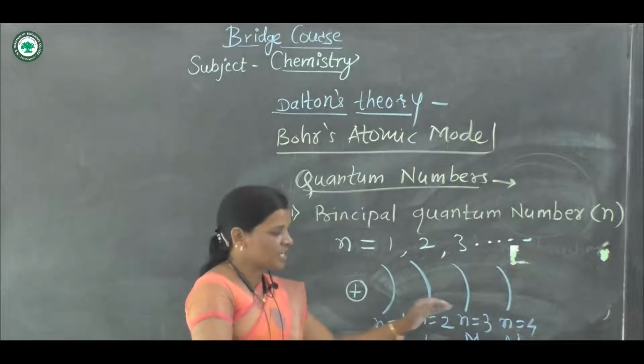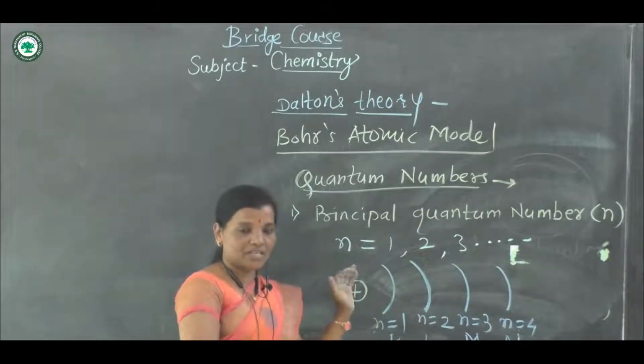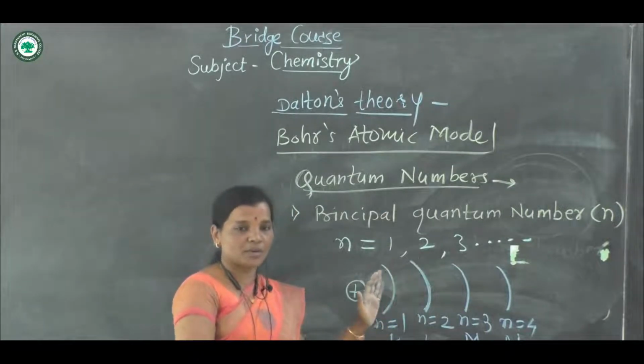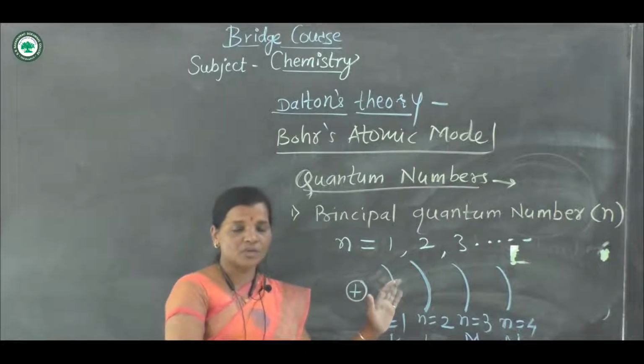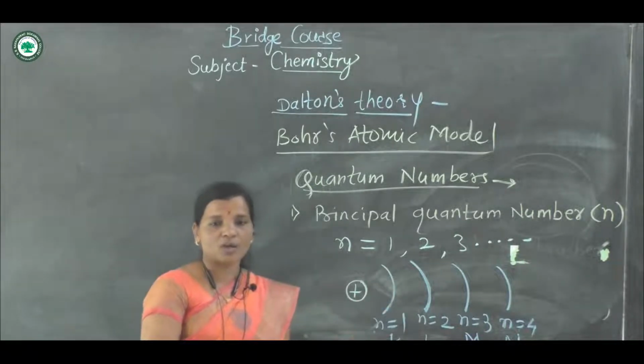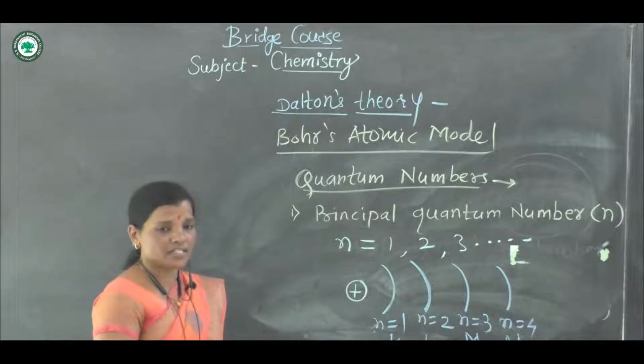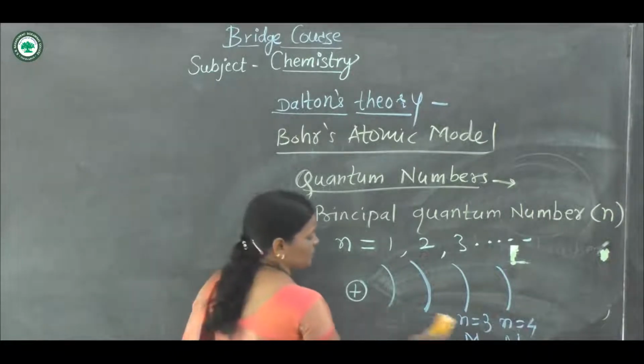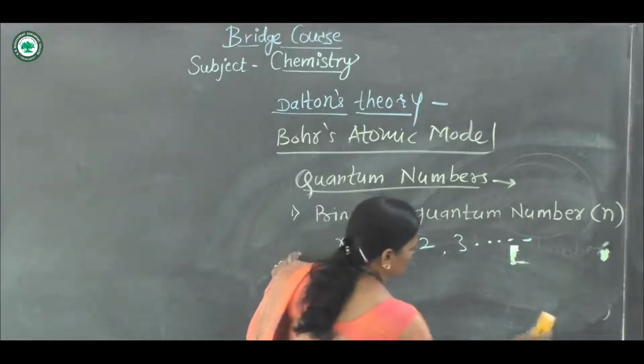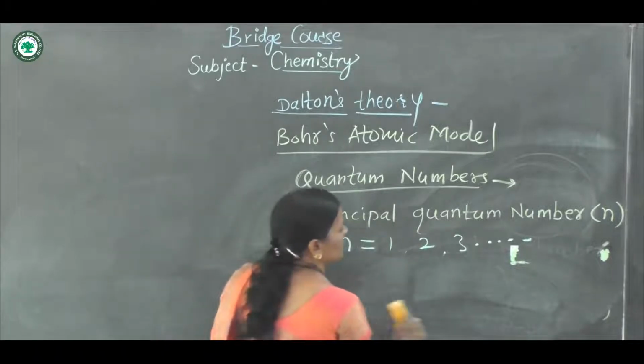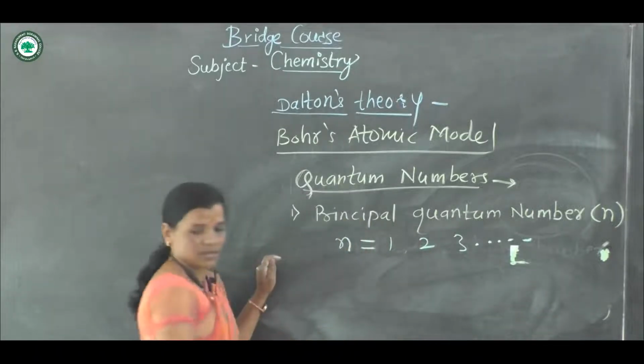And there are so many shells present. If we consider the values of the principal quantum number in increasing order 1, 2, 3, 4 and onwards, the orbits are present in increasing levels of energy. Okay, so here we will consider how many suborbitals are present.